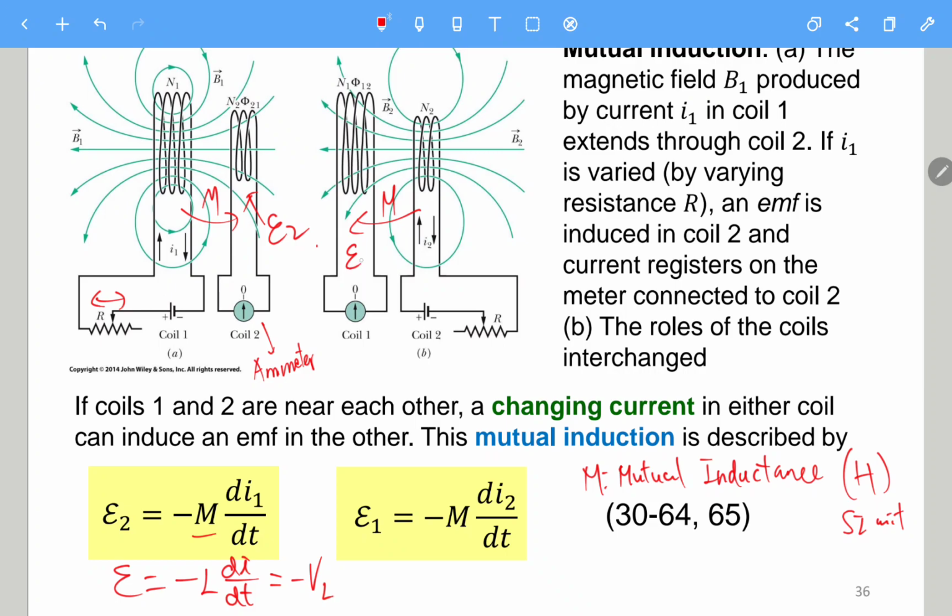E1 is generated for the primary coil, and here E2 is the secondary coil EMF. So it depends on which one you connect the source to.